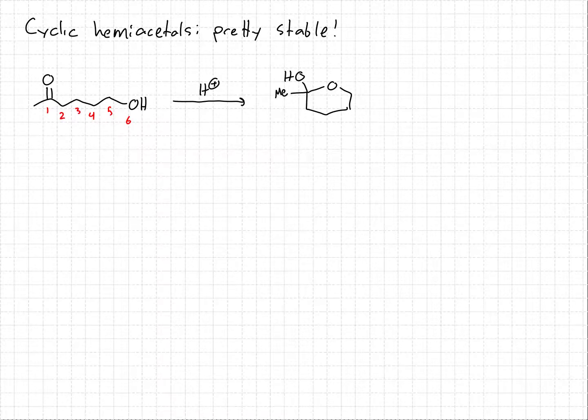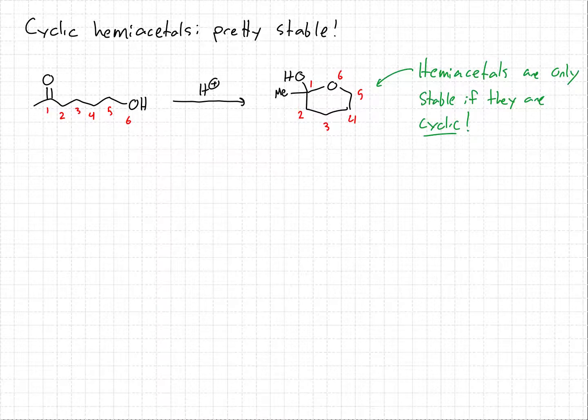Now, just to show you where everything's going, let's add some numbers to this. I've numbered the atoms 1 through 6 here, starting at the carbonyl group and ending at my oxygen of the alcohol. We can copy the same numbering scheme onto our cyclic compound, and we can see where all the carbons are. So here, hemiacetals, again, are only stable if they're cyclic.